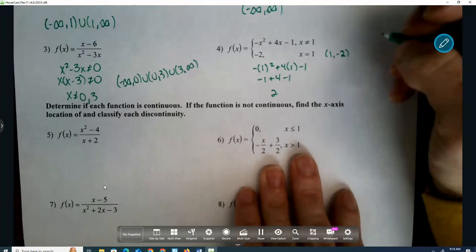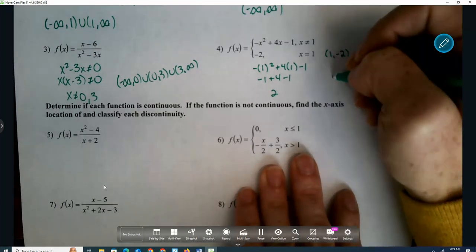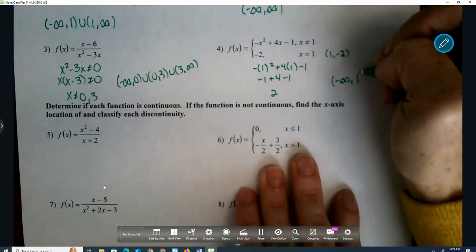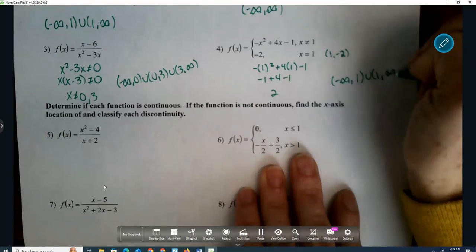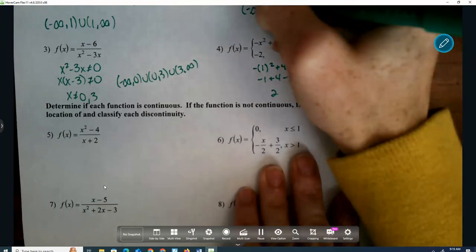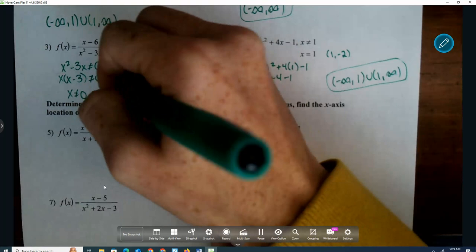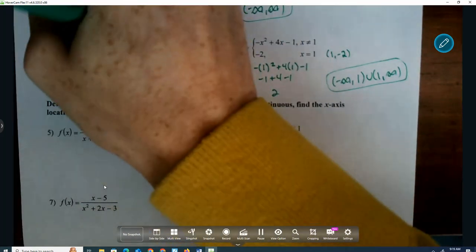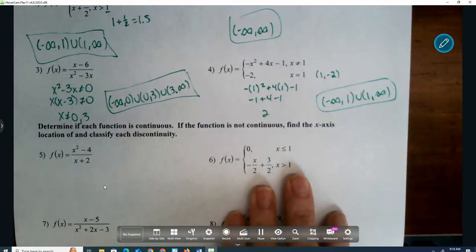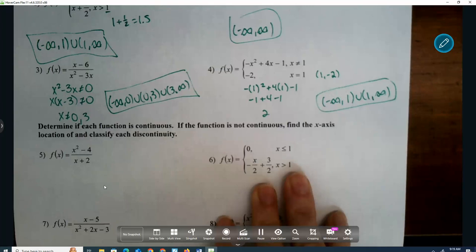So is this one continuous there? No. So it's continuous from negative infinity to 1 and 1 to infinity. Questions on those?